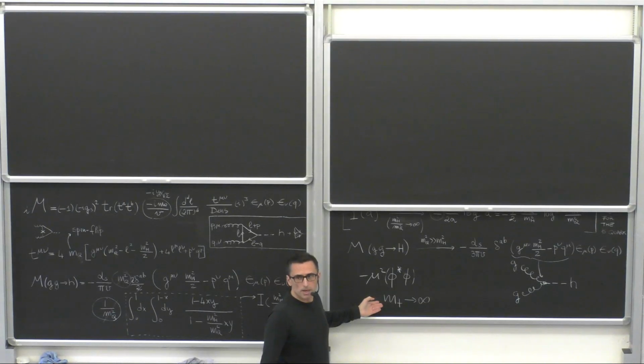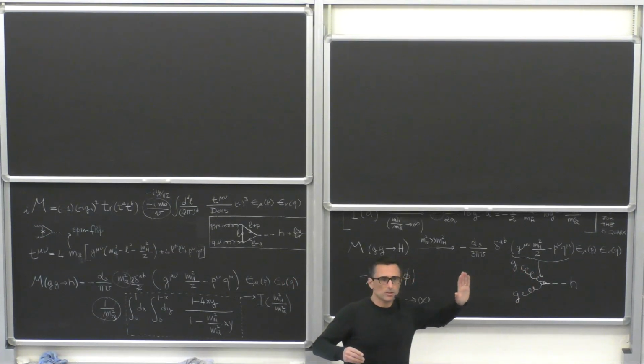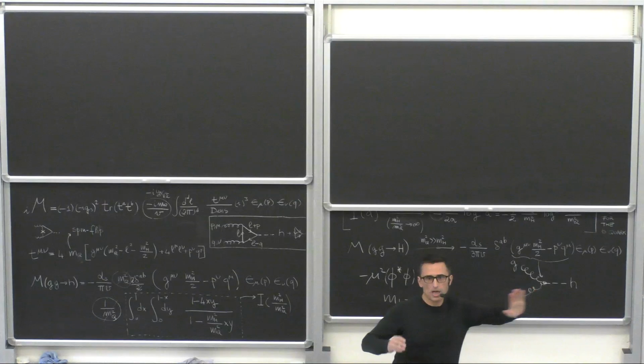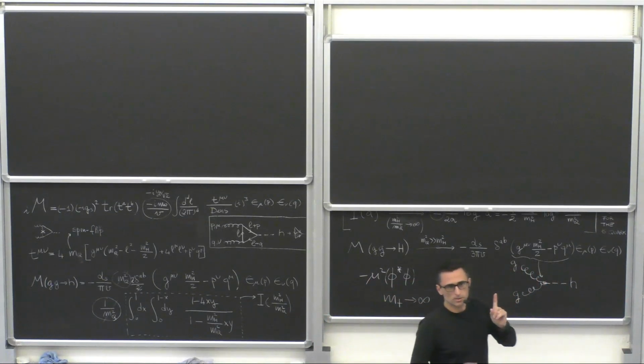What am I doing in the Standard Model if I say that the mass of the top goes to infinity? I have two choices. Either I send v to infinity, but then I send everything to infinity. Even the Higgs goes to infinity, so all the Standard Model moves because there is only one scale.